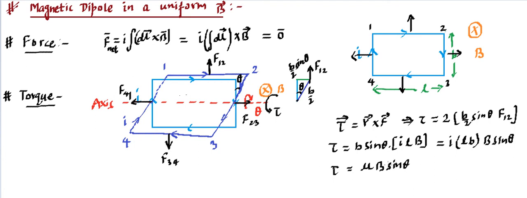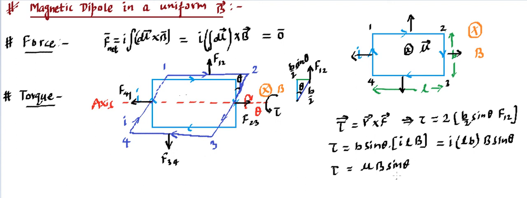Moreover, initially this mu was in the direction parallel to the magnetic field, as you can see using the current rule. And when I have twisted or rotated this loop by angle theta, the angle between B and mu became theta.